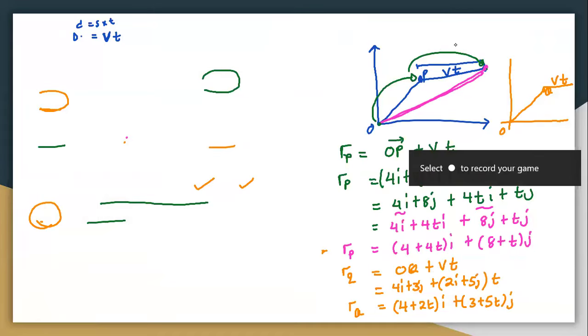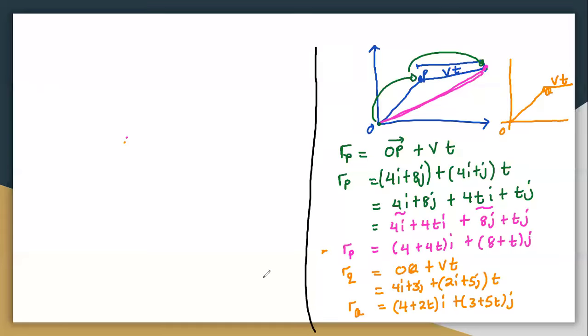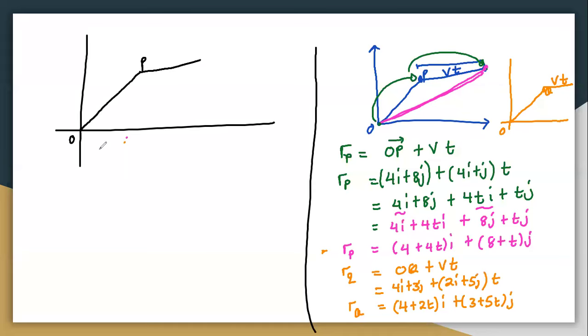Now I'm going to show it a bit like on a sketch, such that people can see it. This is your kind of sketch. This is your O. The first boat, P, was located at this point, and then it started moving like that.